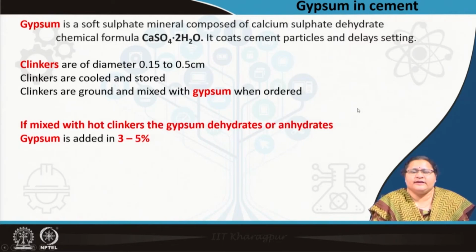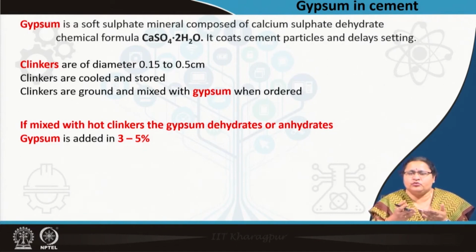Now, if it were mixed when clinkers were hot, what would have happened? The hydrated gypsum, the two molecules of water in gypsum, would become anhydrous, it would have evaporated, because this gypsum coats the cement particles and delays the setting process. So, we will come to setting later, but setting in brief or in one word is the binding.